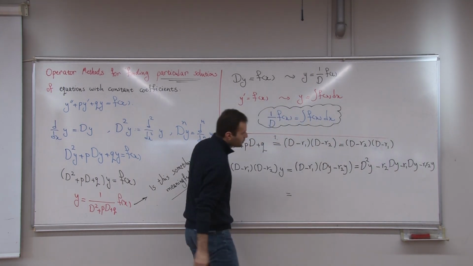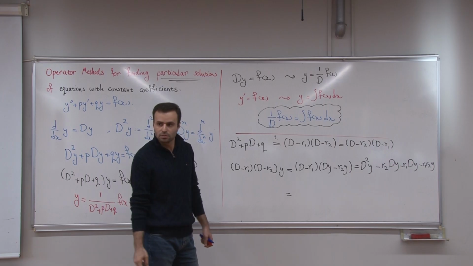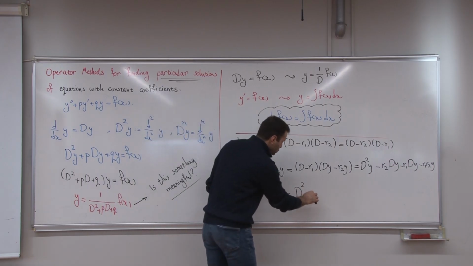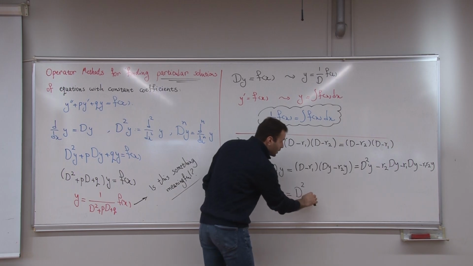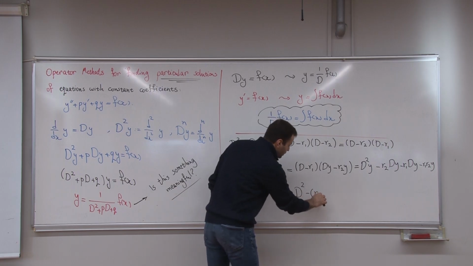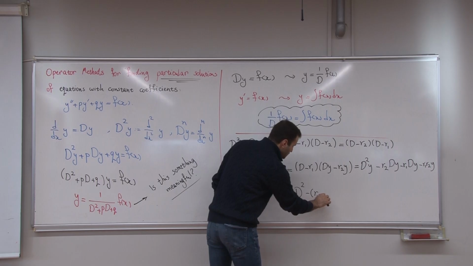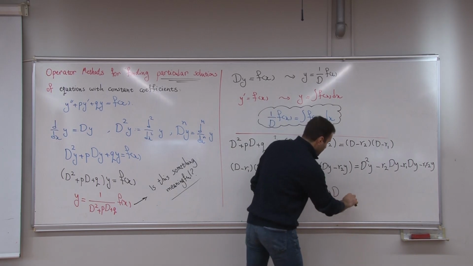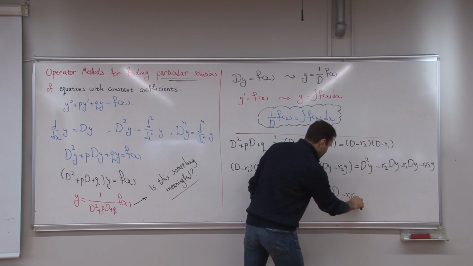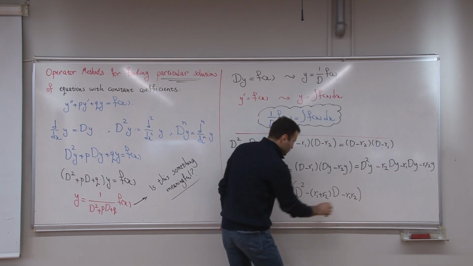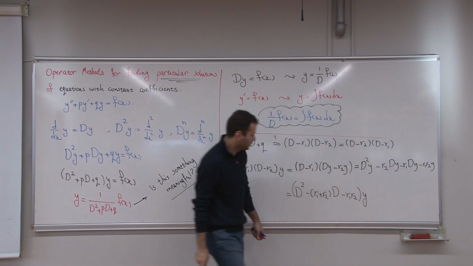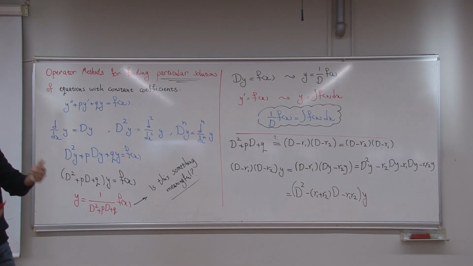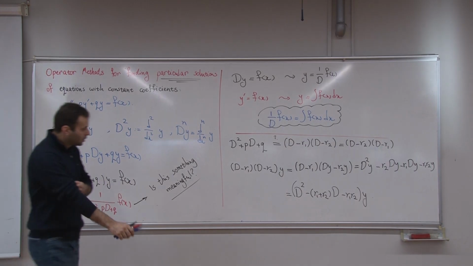What can I write here? I can write this here as d2 minus (r1 plus r2) d plus r1 r2 of y. Look at this, what is happening.